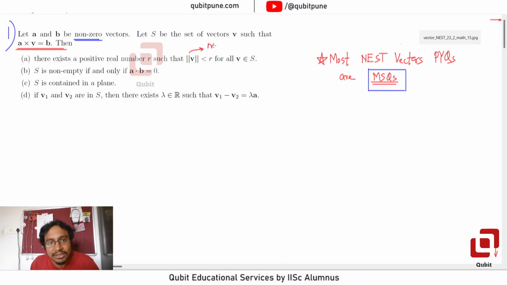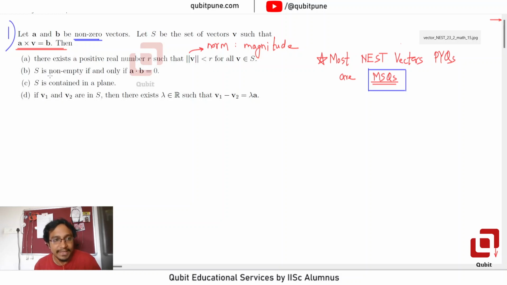They call this notation the norm of V bar, but for us this norm will actually be equal to the magnitude itself. Please note that. Then there exists a positive real number R such that the magnitude of V bar is less than R for all V bar in that set S.